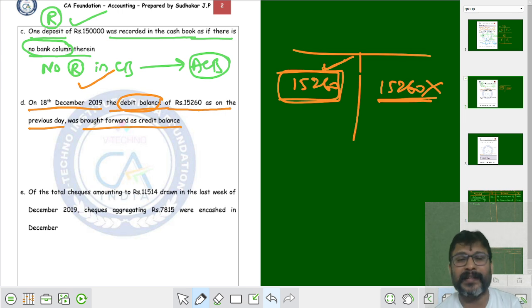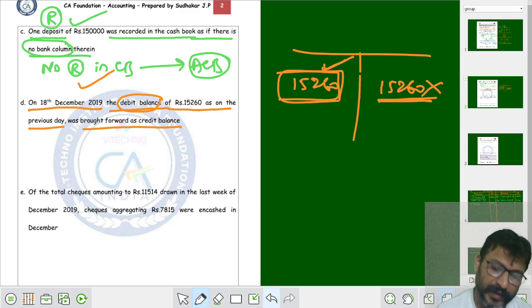Now the question is, they didn't mention in which book. Obviously, this happened in the cash book only, because in passbook, the committing of errors, the mistakes are very less in a bank statement. But usually a cashier may commit more mistakes when compared to the entries in the passbook. So in which book? It is in cash book.